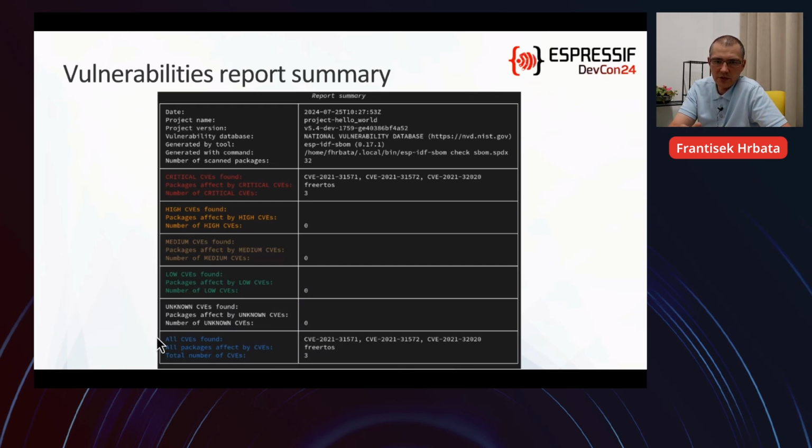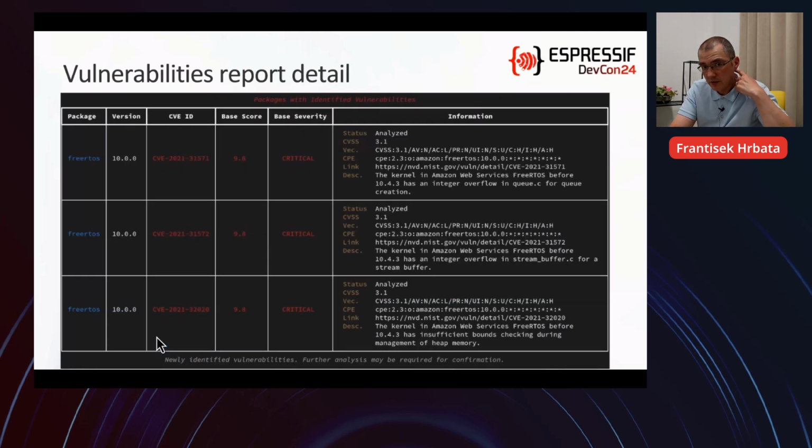Here we can see that 3 CVEs were identified for the FreeRTOS package. And the report summary is followed by detailed information. Again, just an example for the 3 vulnerabilities found above. For the FreeRTOS, here you can see there is also a description and severity and base score of the CVE.